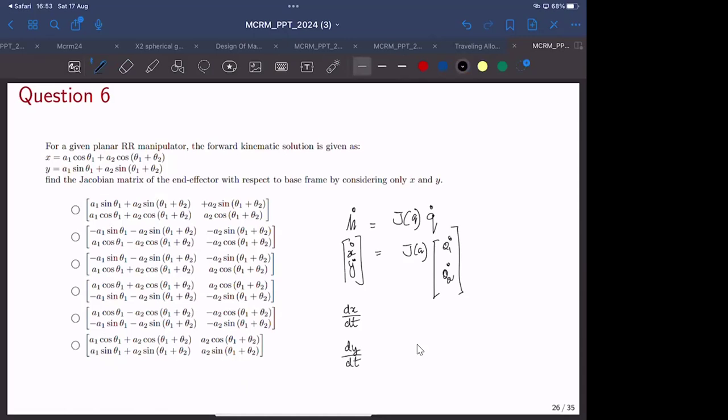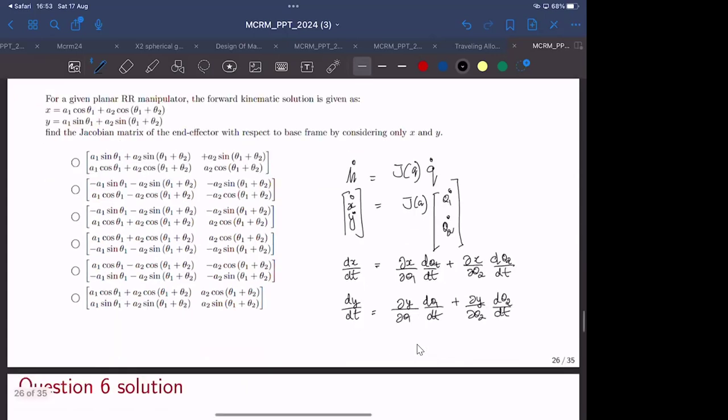And you can write this equation as the partial derivative of X with respect to theta 1 times d theta 1 by dt using the chain rule, plus the partial derivative of X with respect to theta 2 multiplied by d theta 2 by dt. This is the first equation, and the second equation you can write as the partial of Y with respect to theta 1 times d theta 1 by dt plus the partial of Y with respect to theta 2 times d theta 2 by dt.